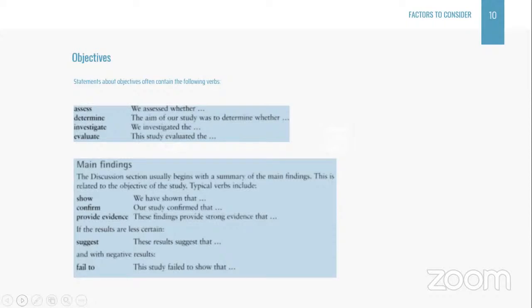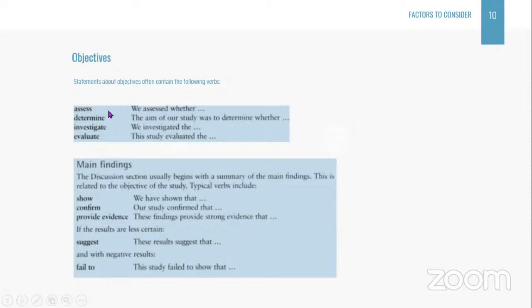This is related to the objective of the study. Typical verbs include show: we have shown that. Confirm: our study confirmed that. Provide evidence: these findings provide strong evidence that. If the results are less certain, suggest: these results suggest that. And with negative results, failed to: this study failed to show that. Okay, thank you.